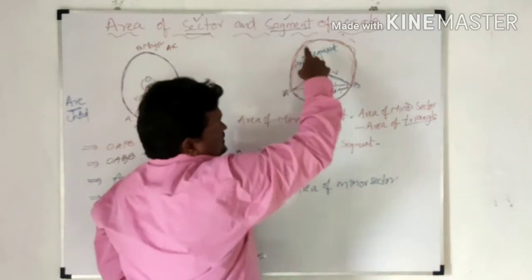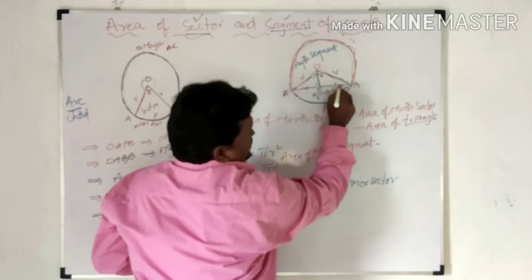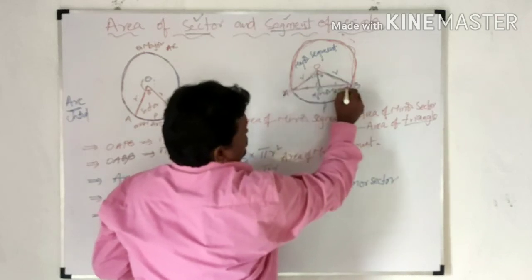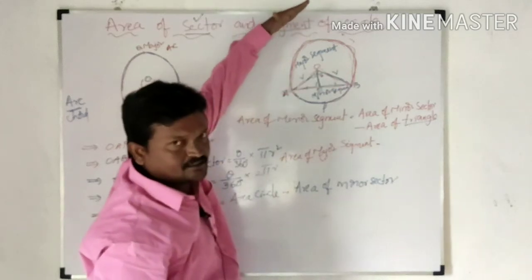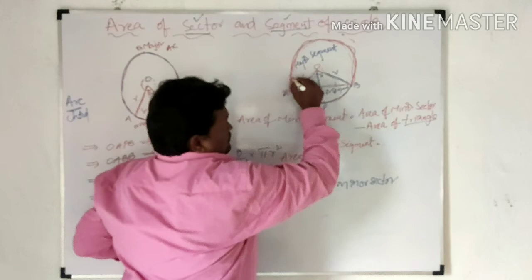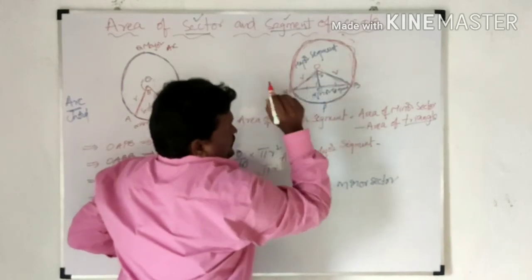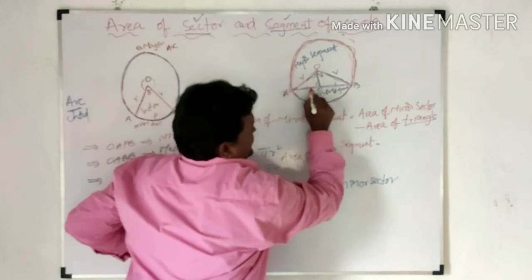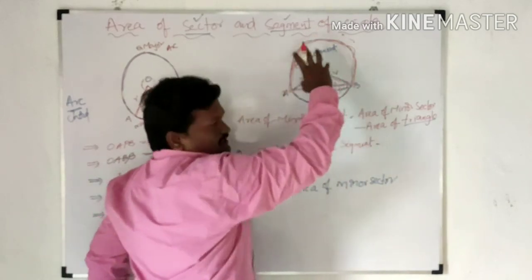If in this major sector we include this triangle also, then it will be the major segment. I hope you understand. If we want the major segment, we add this triangle also, then it becomes a major segment.